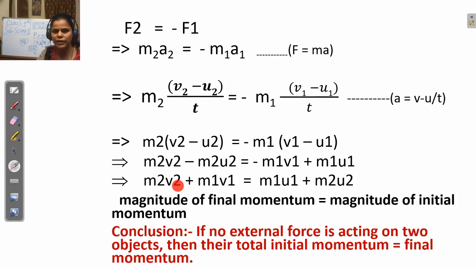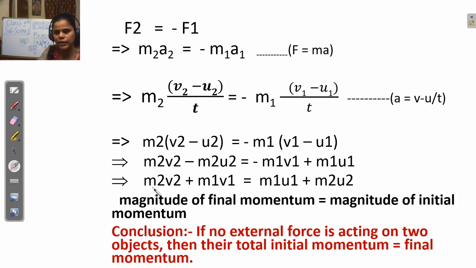Then change the sides: m1 v1 goes to the left with a plus sign, so m2 v2 plus m1 v1. When we change the side of any variable or number, we change its sign. And m1 u1 plus m2 u2 on the right side.